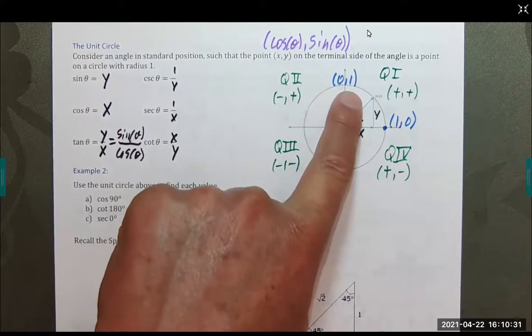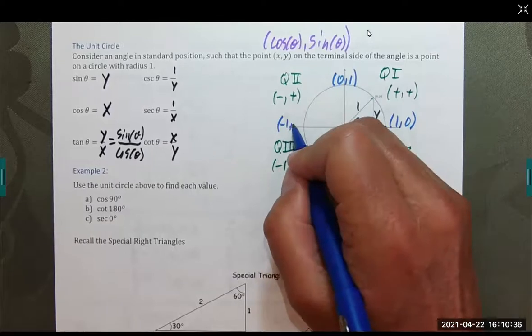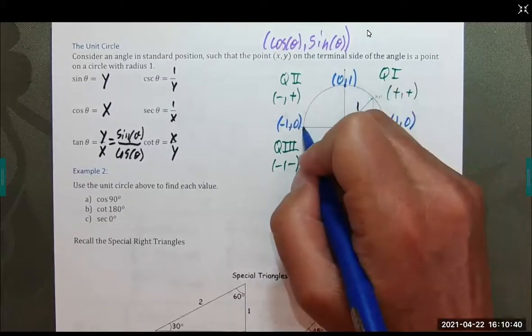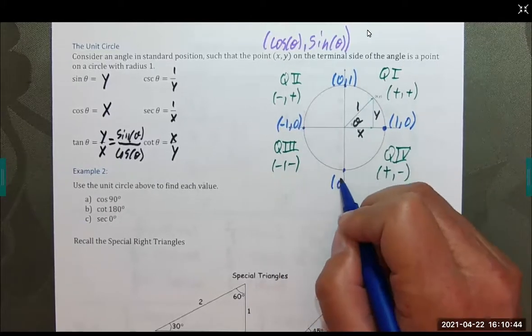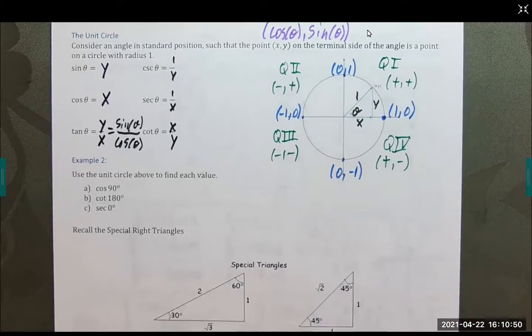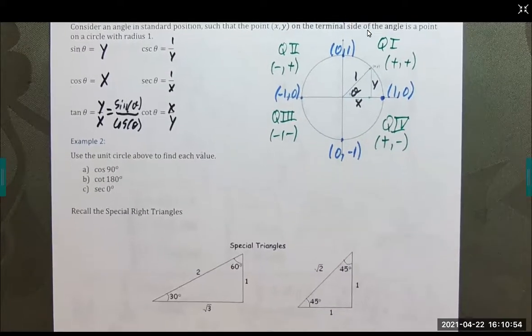The second one is y, which is sine. Back here, we have -1, 0. And down here, these are all points. Here we have 0, -1. That's going to help us to find sine, cosine, and tangent, and so forth of these pieces.